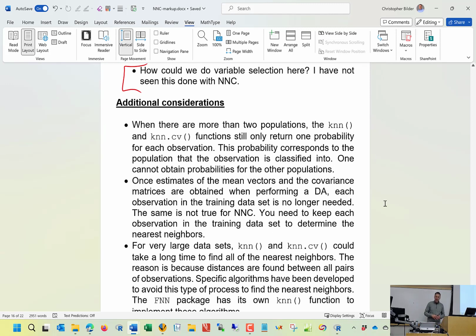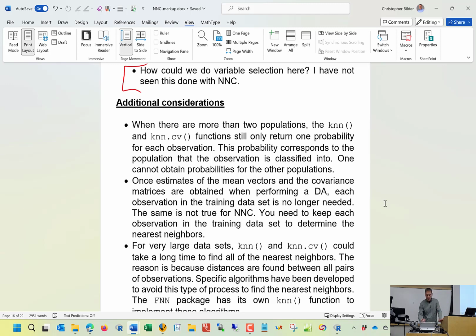Some additional considerations. This first one we talked about essentially last time, but I want to just bring it up again. What if there are more than 2 populations and you're using the knn function? Now, when you use the prob equal true argument value in using these functions, what R is going to give back to you is the proportion of observations in your neighborhood that correspond to the actual predicted group.